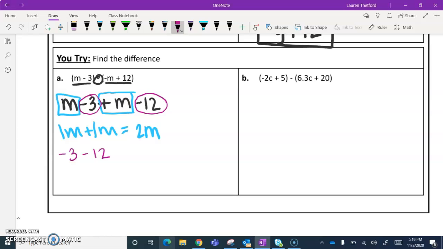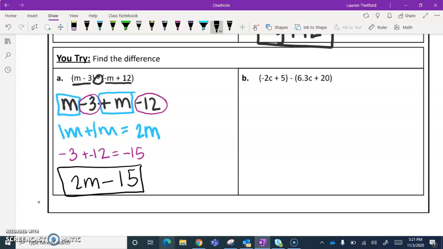Remember when we have subtraction, we do keep, change, change. So those are same sign. So we are actually going to add those. So that's 12 plus 3 and keep the sign. So that's going to be 15 and it'll be negative. So my answer is going to be 2m minus 15.